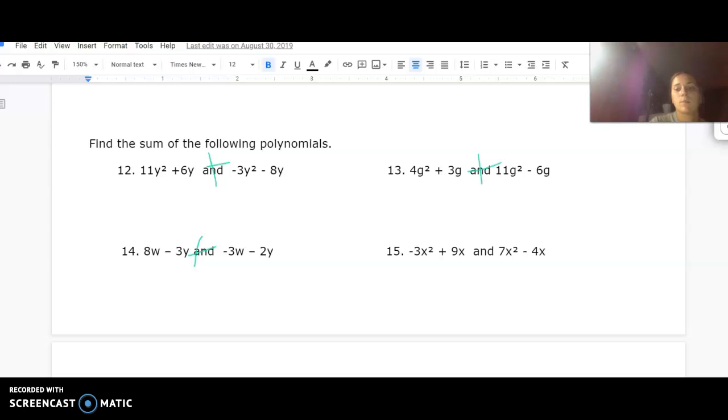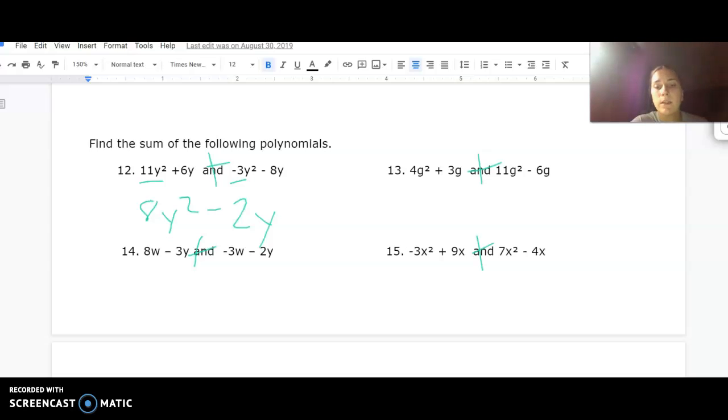So if you want to go in and put plus by all of these, go ahead and do so. 11y squared can be combined with negative 3y squared. That leaves us with 8y squared. And then our 6y can be combined with our negative 8y, which will leave us with negative 2y. So there is our answer there for that one.